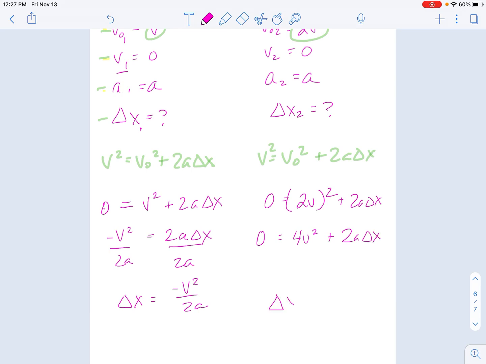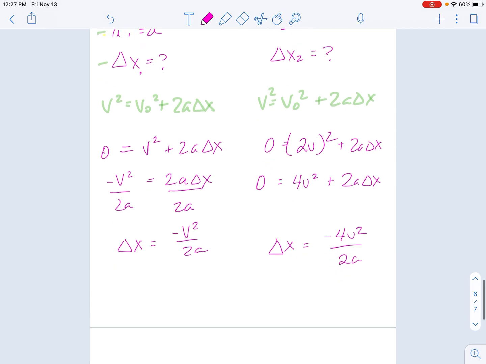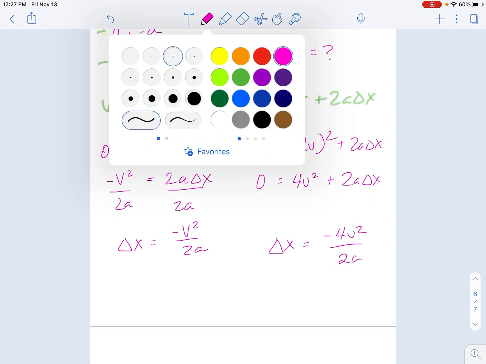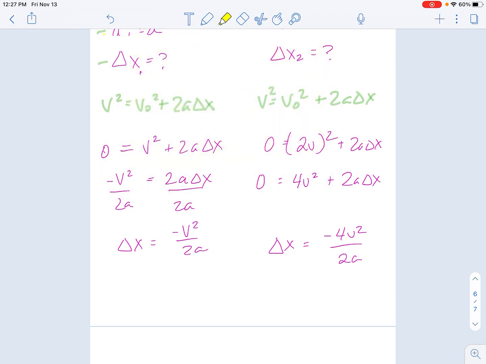And what I'm going to wind up with when I solve for delta x is negative 4v squared over 2a. And when I compare these, what I see is the v squared over 2a part is the same, and what's different is this 4. So the second displacement is 4 times the first displacement.